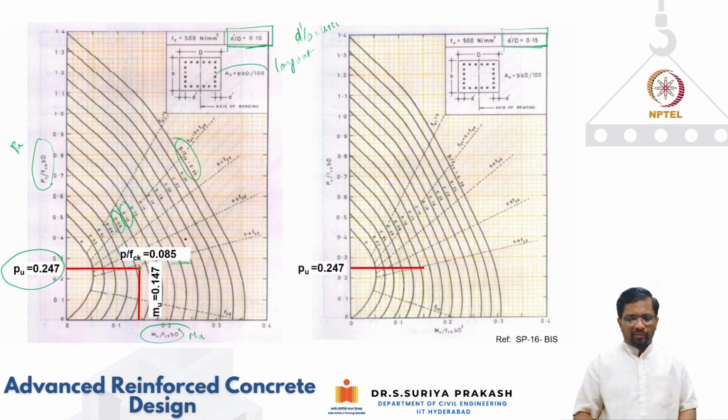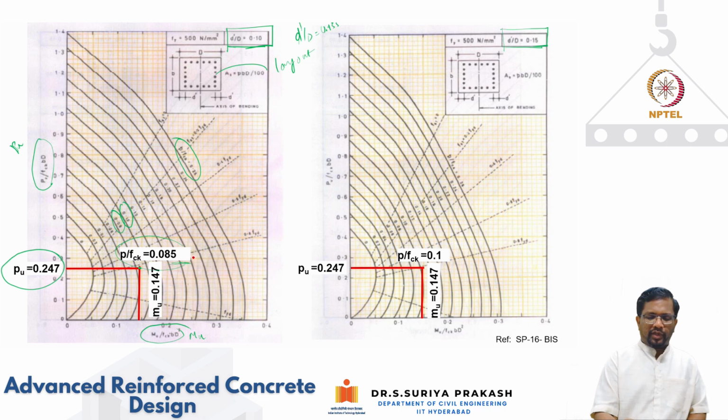Similarly, I do the same thing using the chart of d prime by d equal to 0.15. So I get this, and then p by fck works out to be 0.1. Now I have to interpolate again between these two values. Why? Because this is valid for d prime by d of 0.1 and this is valid for d prime by d of 0.15, but what I needed is for 0.133.